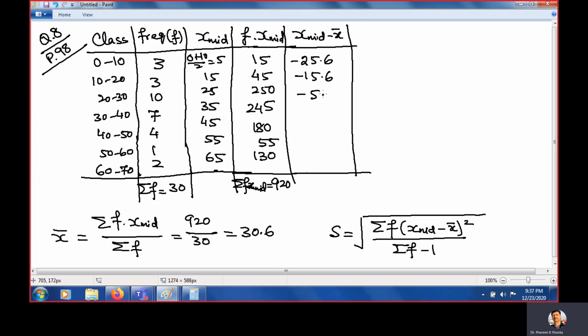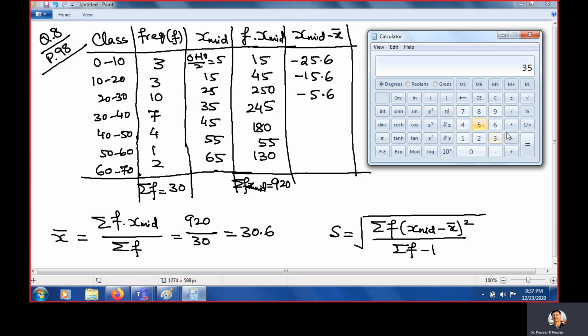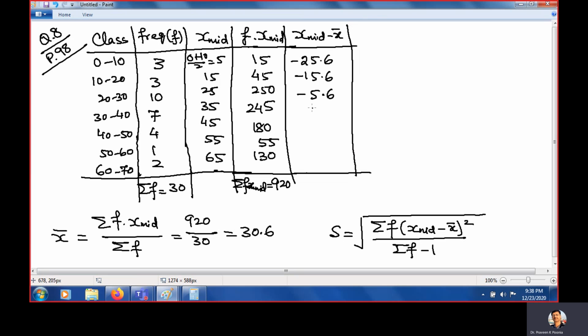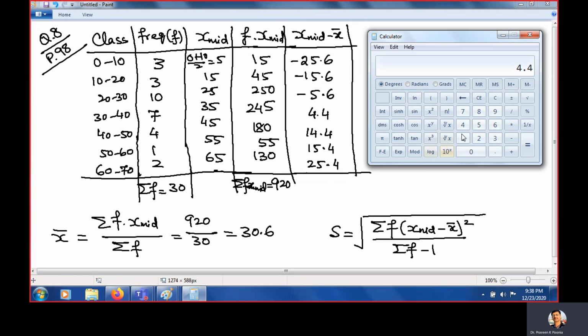Then minus 5.6. Then 35 minus 30.6, so it is 4.4. So this value is 4.4, next value will be 14.4, next value will be 15.4, and the last value will be 25.4.